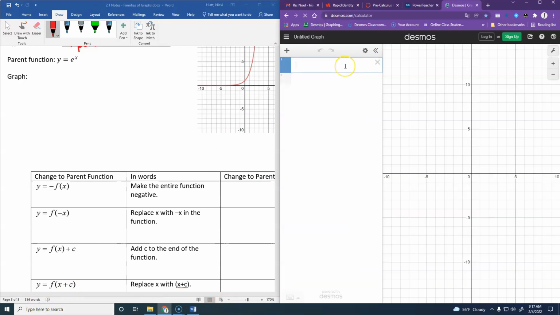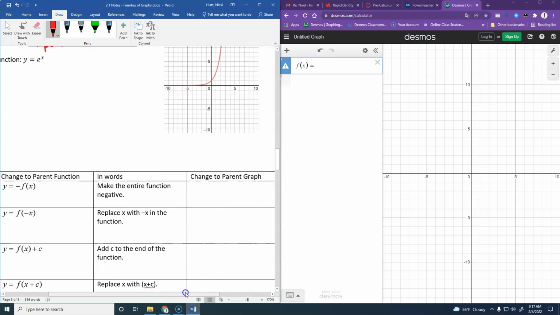We are not going to be able to use Desmos on most of this because the point of a lot of it is for you to be able to know what stuff looks like just from looking at the graph without graphing it. So I'm not going to let you use Desmos on a lot of it because I want you to know without the graph. But while we're talking about it, I think Desmos is really helpful to get a picture of what is happening here.